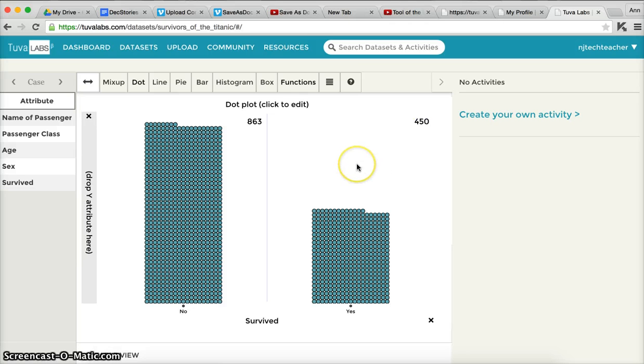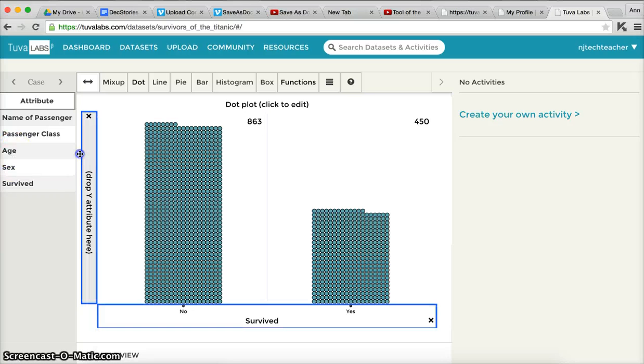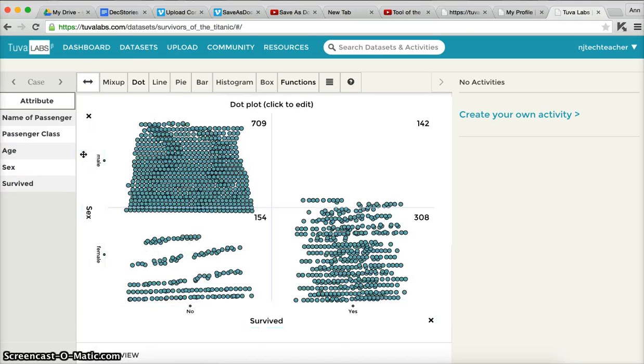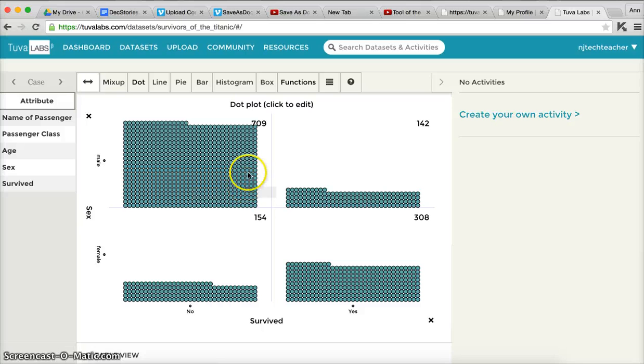And now I'm curious to see, how did they survive by sex or not survive? And so it's going to break it into the number of males who did not survive versus the number of males who did survive, the number of females who did not survive versus the number of females who did survive.